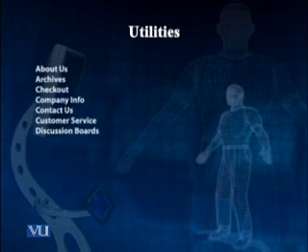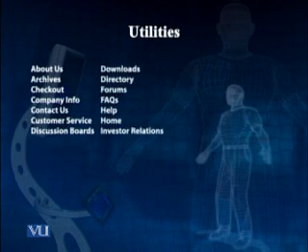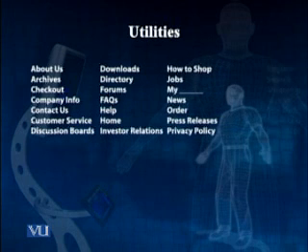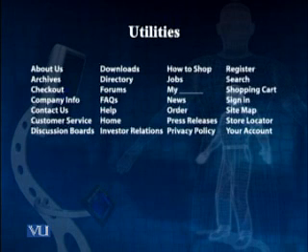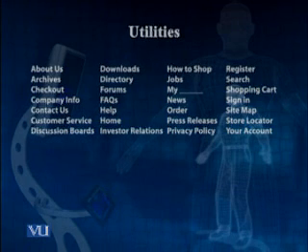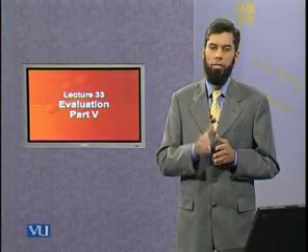So as you can see in the diagram, this indicates various utilities that can be found on a website. Examples of utilities are About Us, Help, Sitemap, etc. These kind of facilities help us to access the main content.